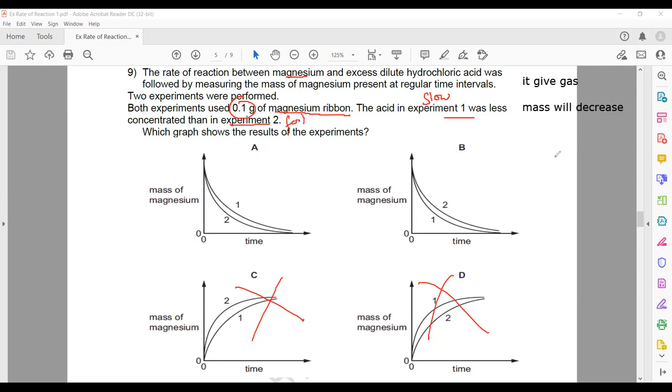When we check, either A or B can be the answer, but which experiment is fast? Experiment 1 is slower and experiment 2 is faster. So when we check, for 1 the change in mass is smaller compared to that of 2. That's why A is the right answer. Is this question clear?